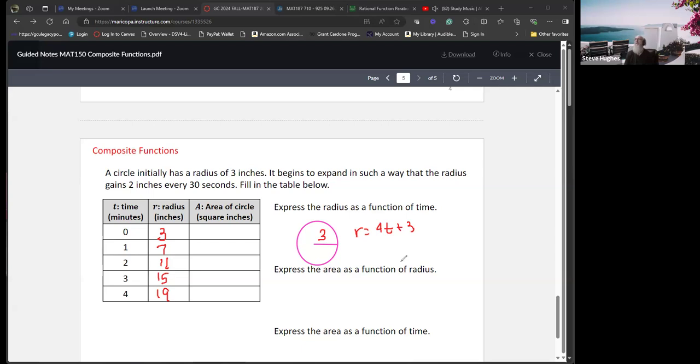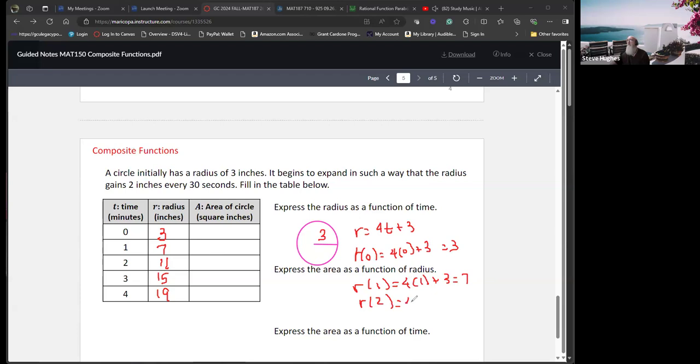Does that give us the right amount of time we want? Let's check and see if our formula is correct. We may need to revise it. Let's try it. All right, r of 0 is 4 times 0 plus 3 equals 3. R of 1 is equal to 4 times 1 plus 3, which is 7.